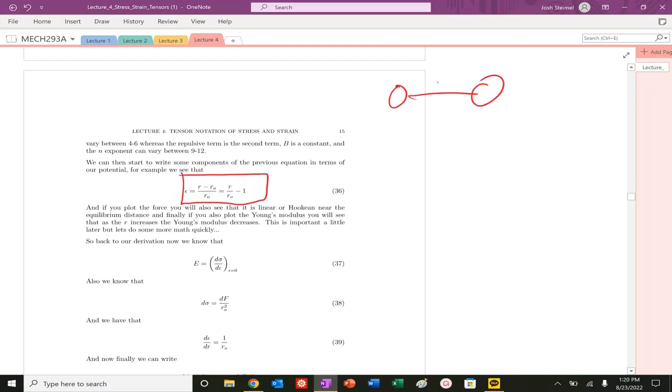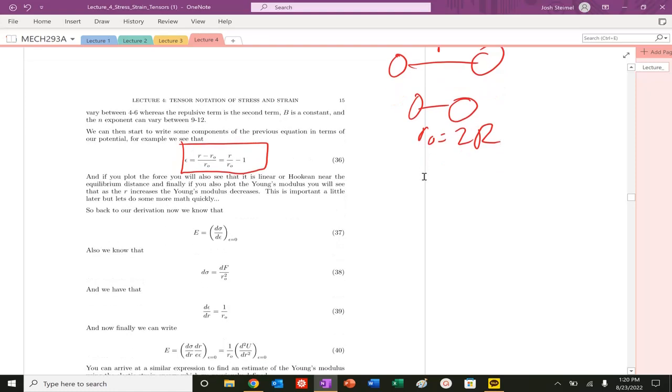Basically, this is our distance, R here. This R naught is our equilibrium distance, which is always 2R. It's our equilibrium distance in the system if it's a metal, ceramic, or other material.